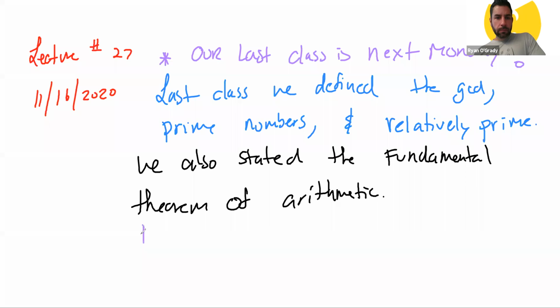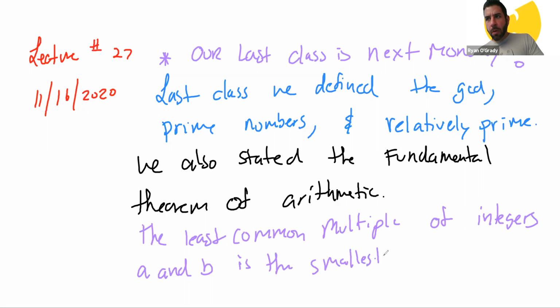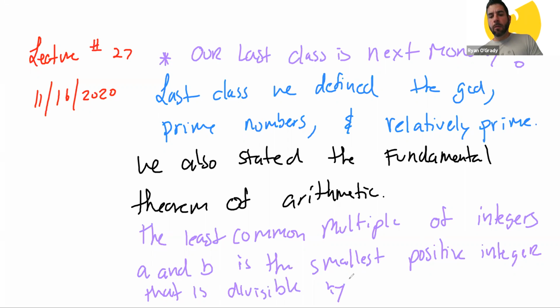So the least common multiple of integers, I'll use A and B, is the smallest positive integer that is divisible by both A and B.